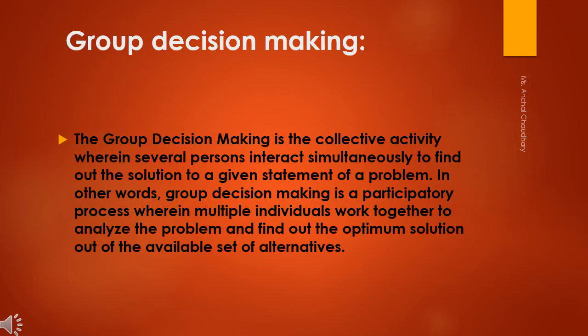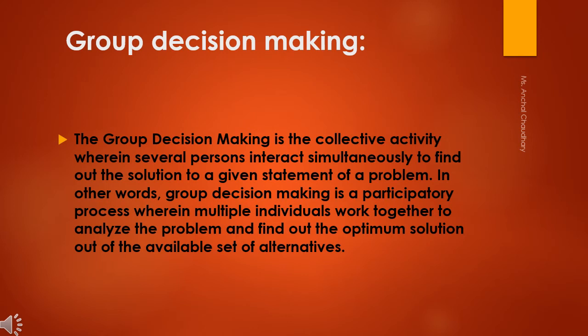And the last topic of the day is group decision making. As I told you earlier, group decision making is when a decision is taken by a number of people, when there is involvement of two or more people in decision making. So group decision making is the collective activity wherein several persons interact simultaneously to find out the solution to a given statement of a problem.